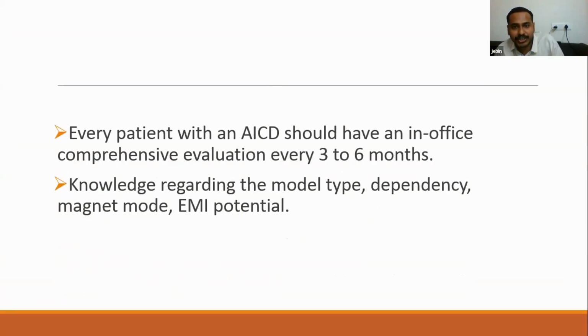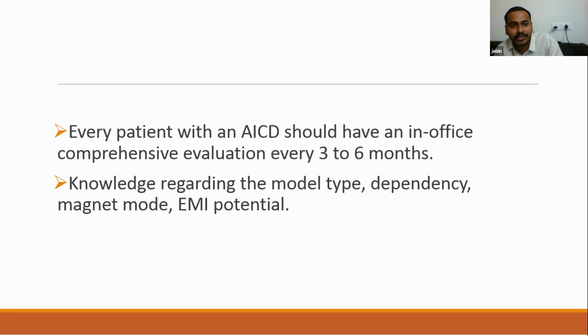Every patient should have an in-hospital comprehensive evaluation every 3 to 6 months. Knowledge regarding the model type, pacing dependency, magnet response, and electromagnetic interference potential should be known prior to anesthetizing a patient with an ICD for non-cardiac surgery.